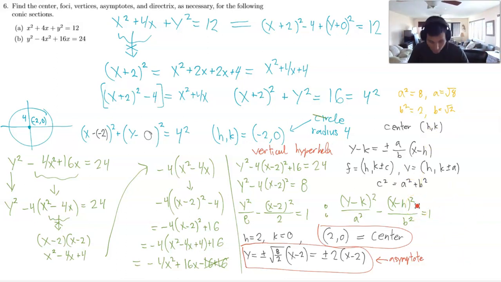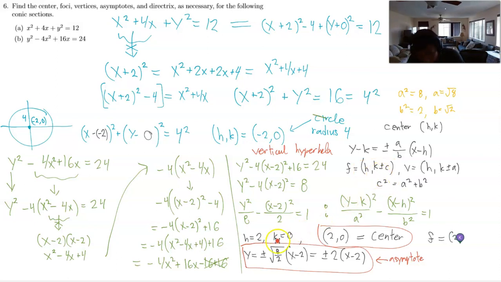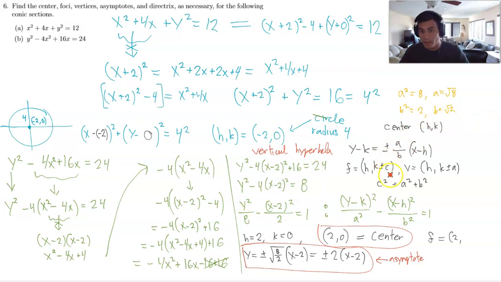Okay, so let's finish up by writing the foci. The foci, we'll just call it F. In our case h is 2, so we're just following this formula. We have 2, k is 0, then plus or minus c. Remember, c is the square root of a squared plus b squared. So it's 2 plus 8.